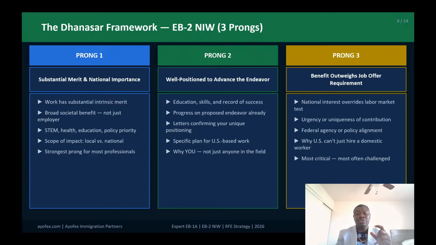Then once you determine that, and I'm going to teach you how to come up with a proposed endeavor, you need to show USCIS that your proposed endeavor has substantial merit and national importance. You need to show that your work has substantial intrinsic merit and broad societal benefit, not just for your employer, but for the nation at large.